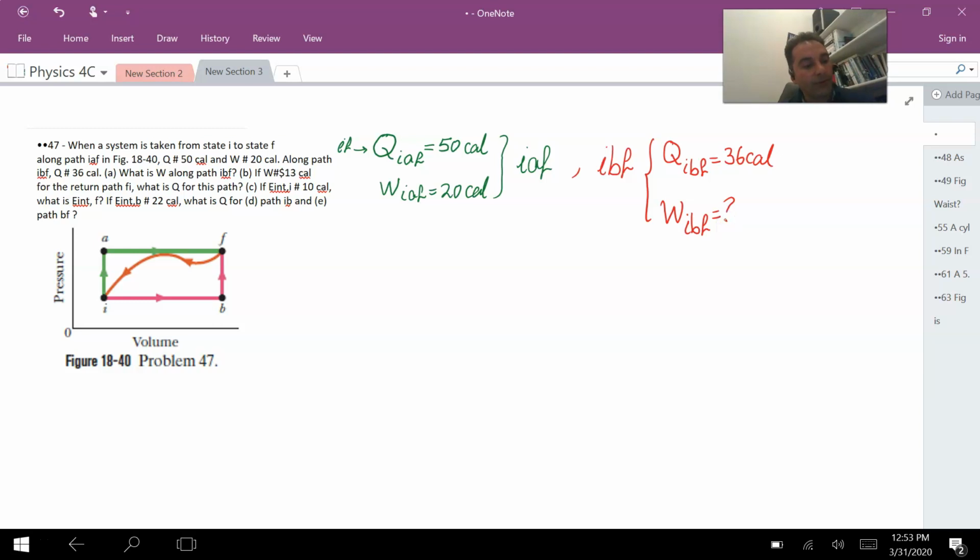What do you think? Q in IAF is 50. Work done in IAF is 20.